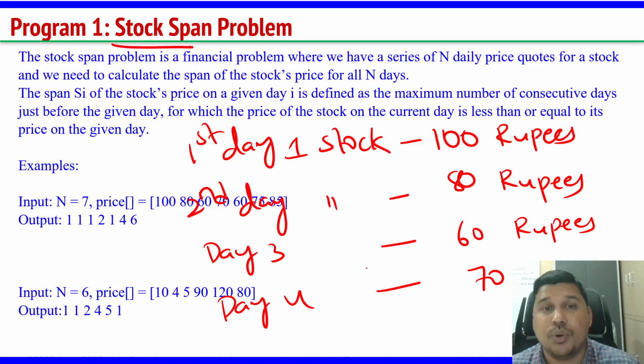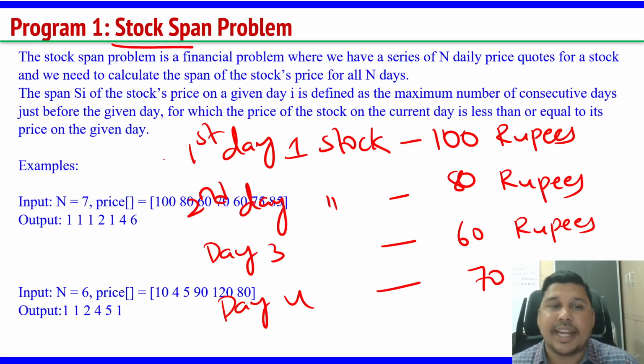Now, what is this stock span? It means we have to find the number of days the stock price was less than the current day.